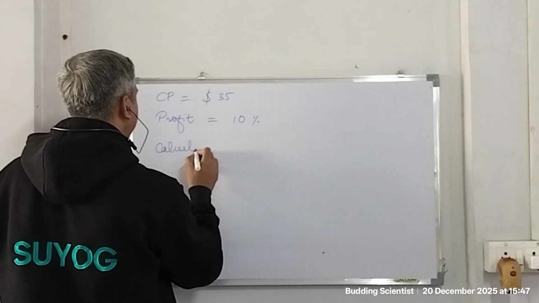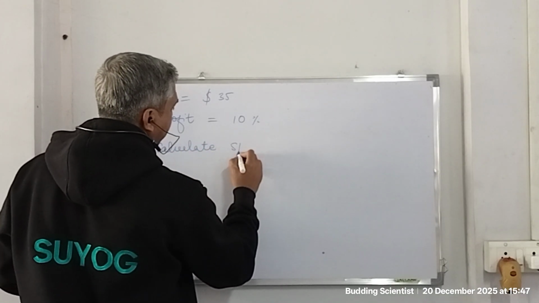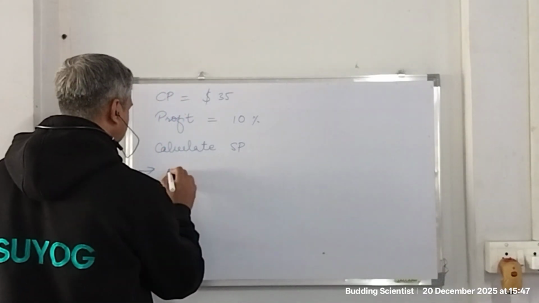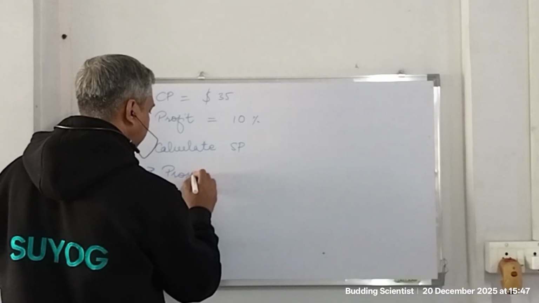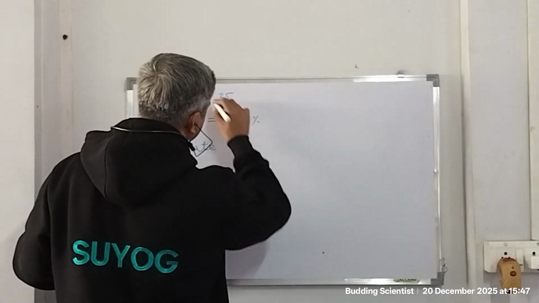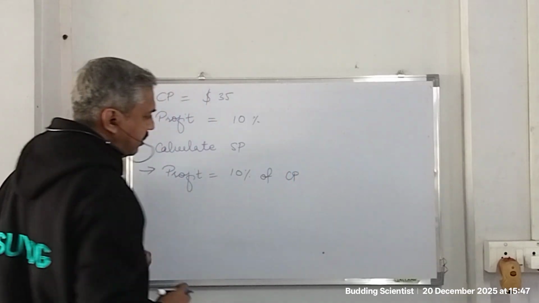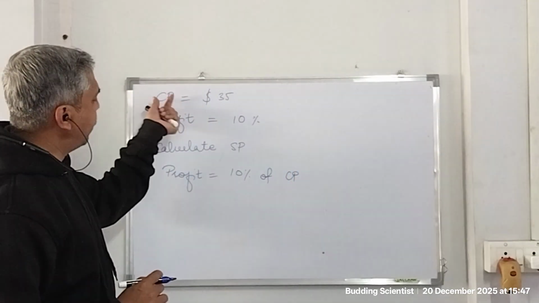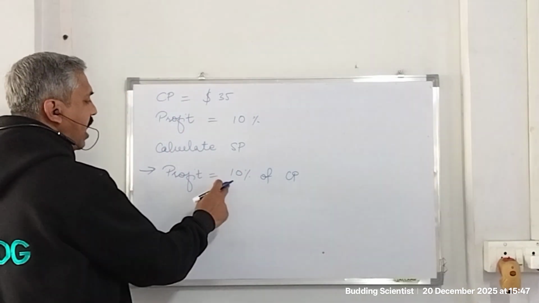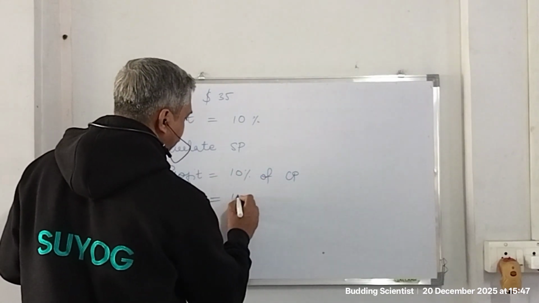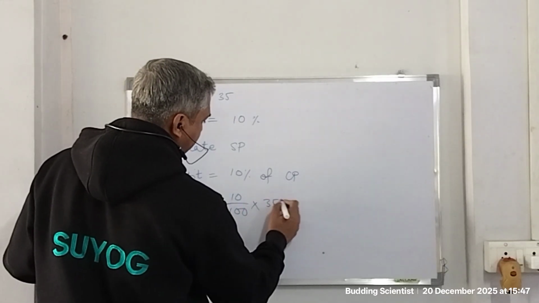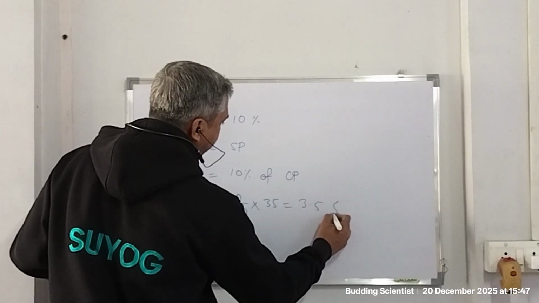Calculate the selling price. Now the profit is equal to 10% of the cost price. Profit is always measured on the cost price, and even losses are measured on the cost price. So 10% of cost price is equal to 10 by 100 into 35, which is $3.5.